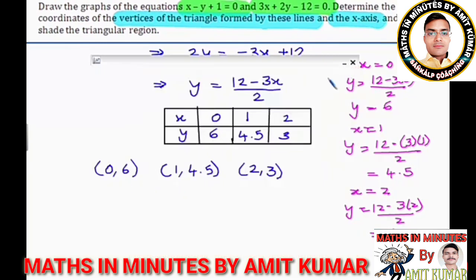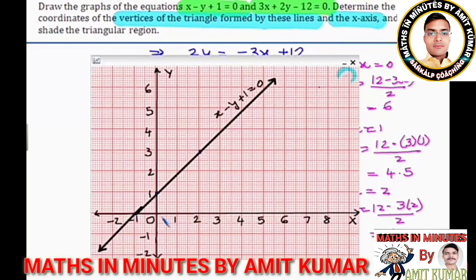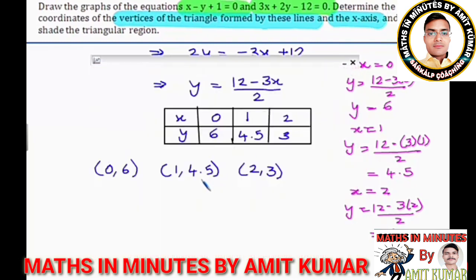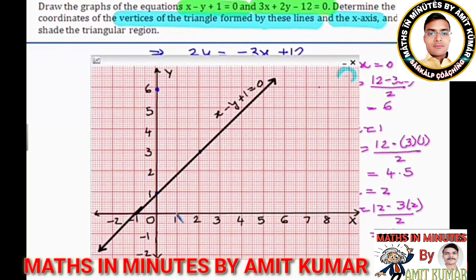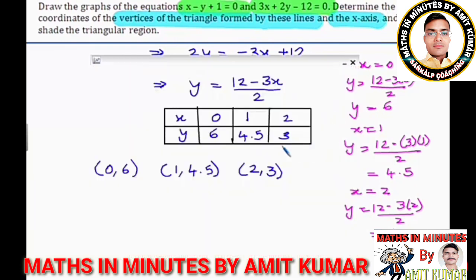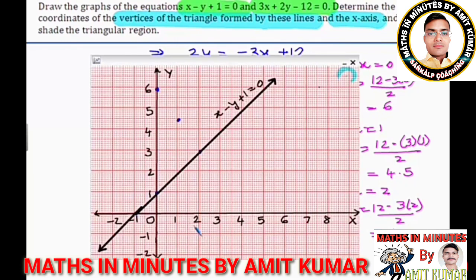The first coordinate is 0, 6, which is here, and the second one is 1, 4.5, which lies in the middle of 4 and 5. The third one is 2, 3, which is here.